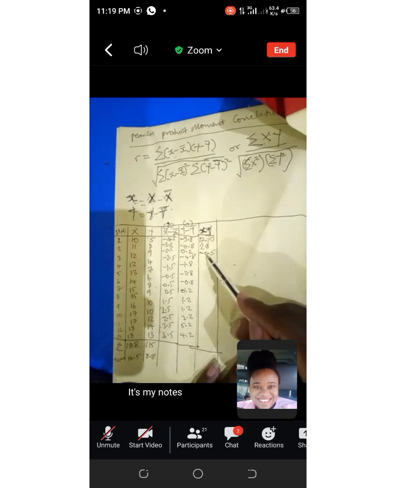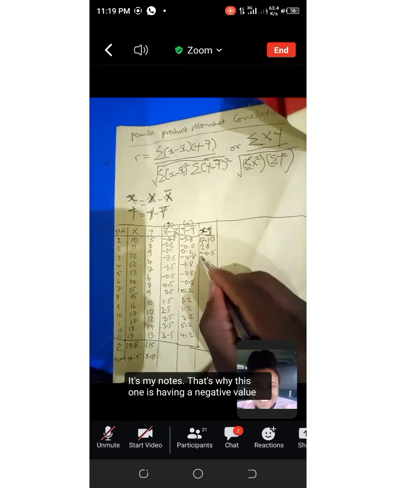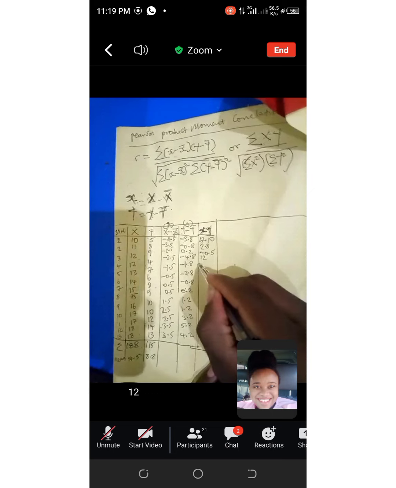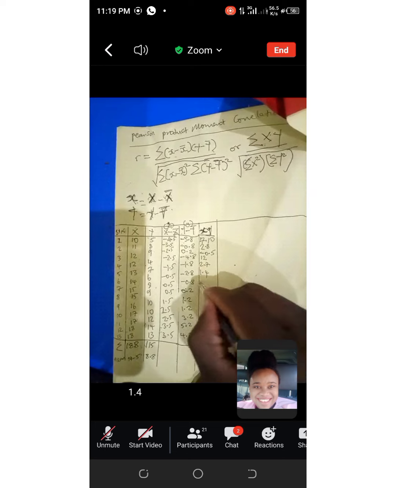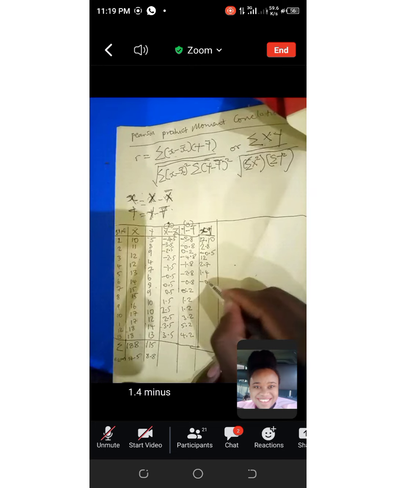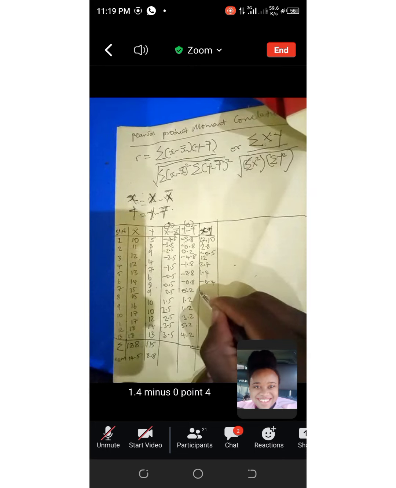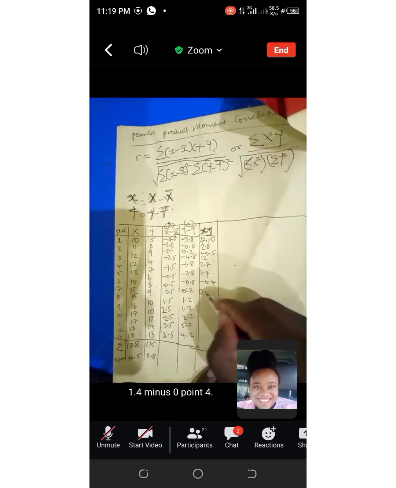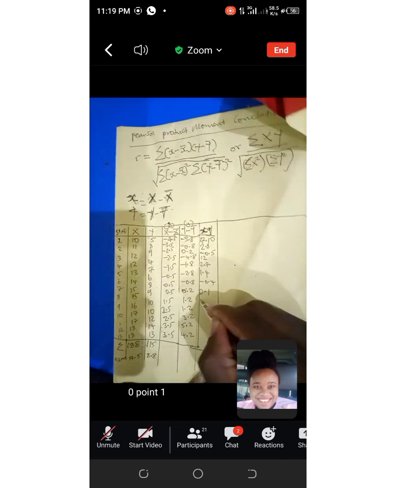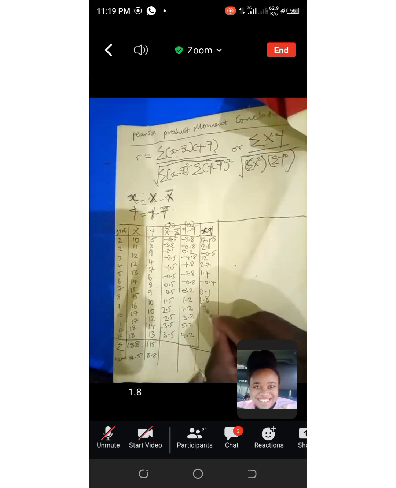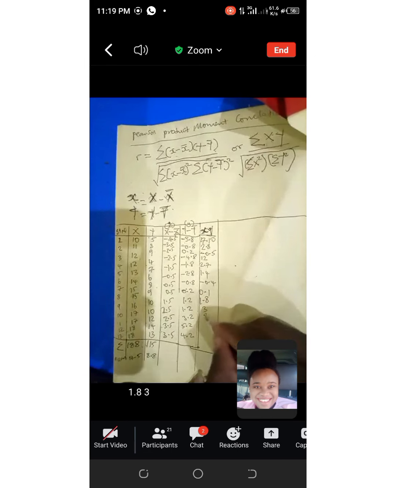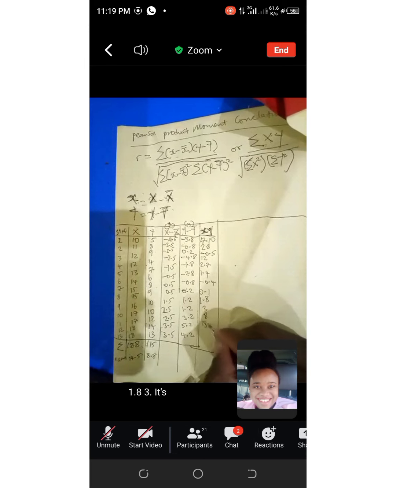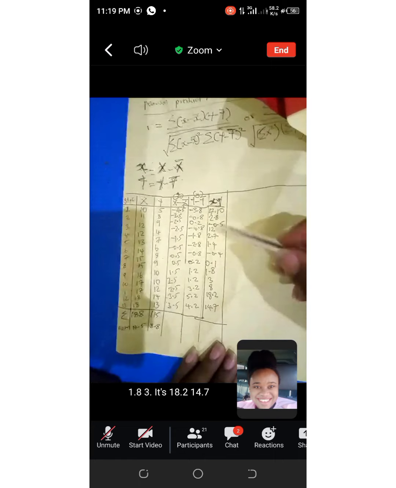Then 12, 2.7, 1.4, minus 0.4, 0.1, 1.8, 3, 8, 18.2, 14.7. So these are our x and y values.